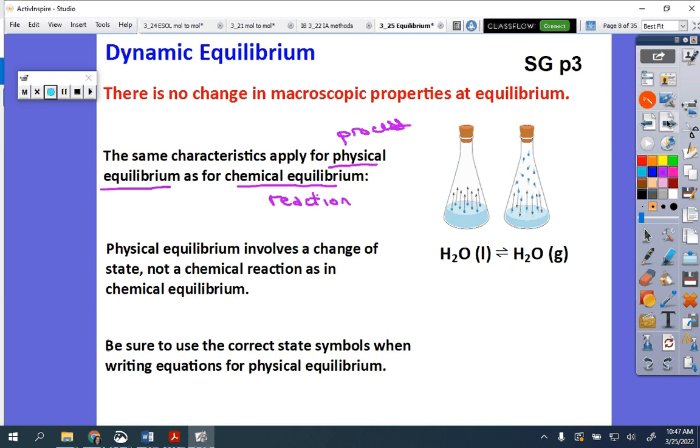And once we reach that state, even though there are still water molecules evaporating and condensing, we're not going to be able to see a difference in the level of the water, right? Because those physical processes of evaporation and condensation are going to be happening at the same rate. So we won't see any effect on the overall level of the water.